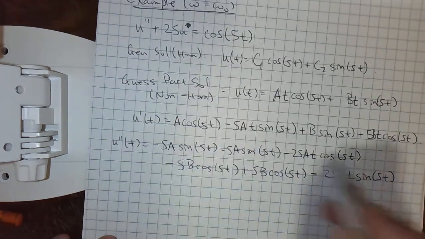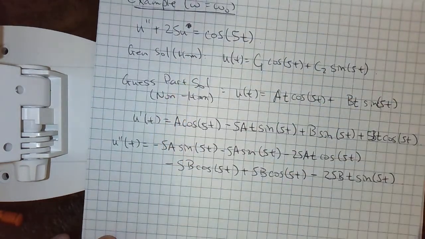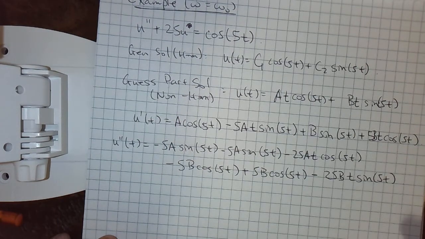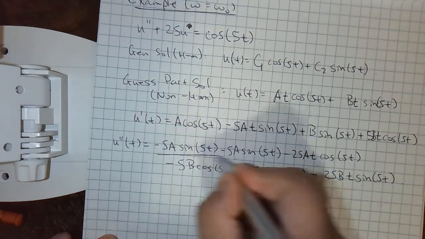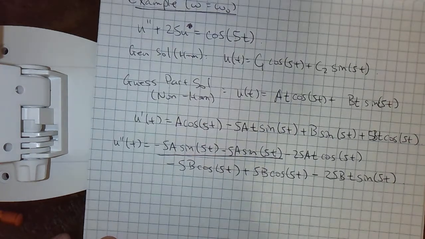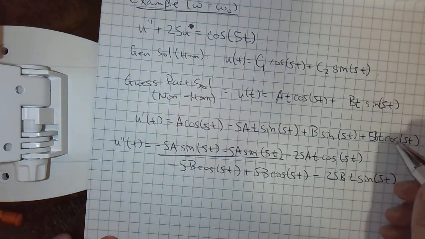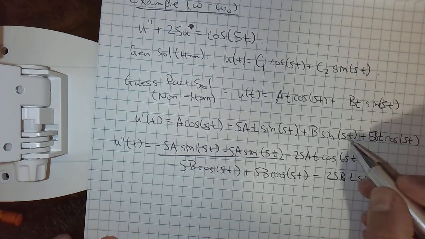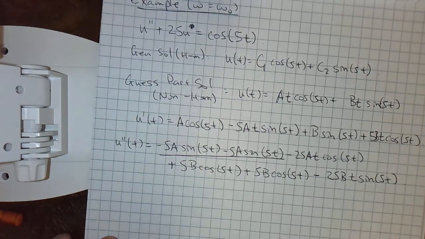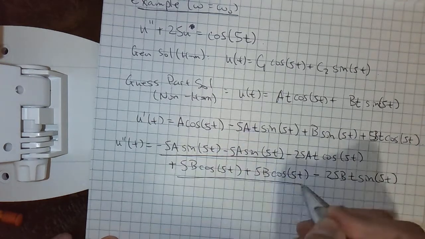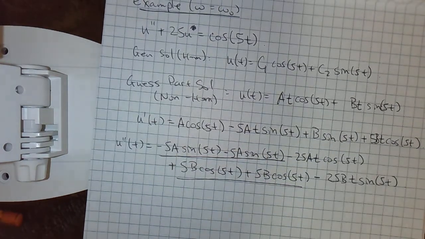Okay, we need this thing plus 25 of those. Let's see, we can combine these. That's a minus 10a sine 5t. We can combine, I did this wrong. This was a plus. That's why I did that wrong. Okay, I can combine these. This is a plus 10b cosine 5t.